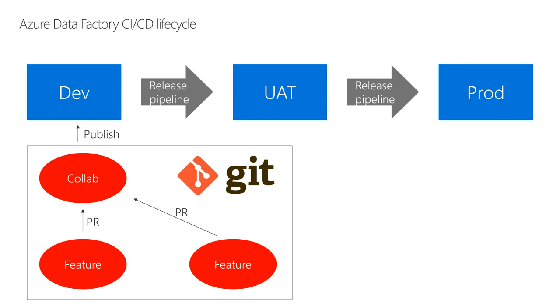Then it gets handed off to the release pipeline, which then deploys it into the user acceptance testing, or the test environment. And then from there, once that's validated, it gets deployed into production.